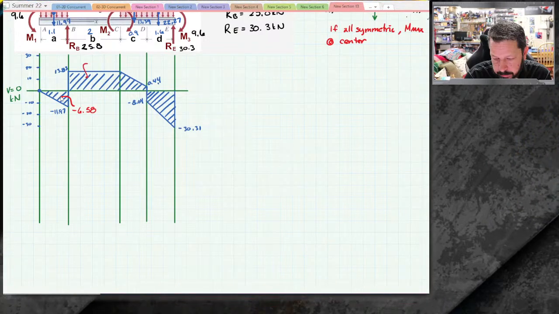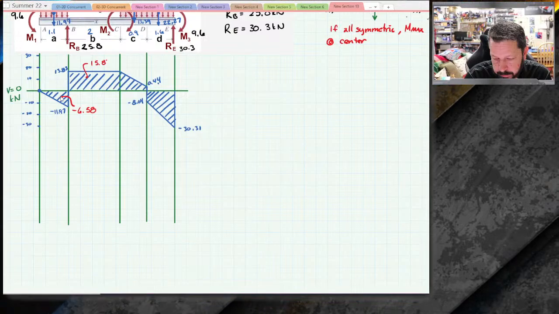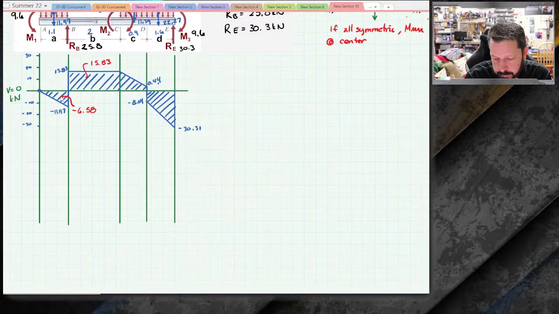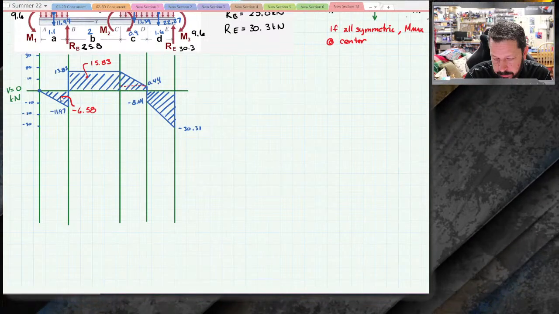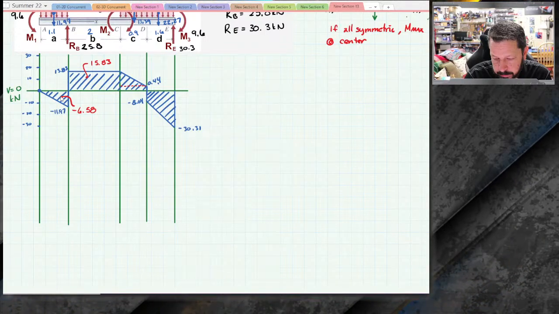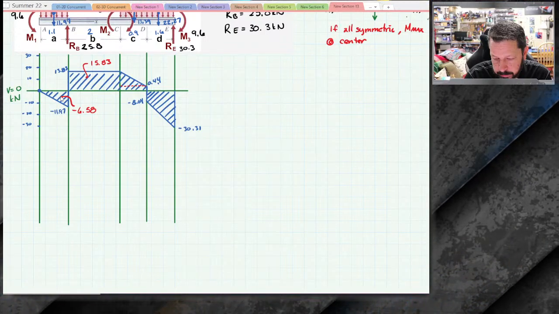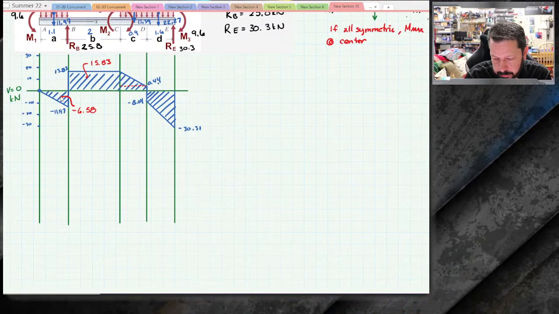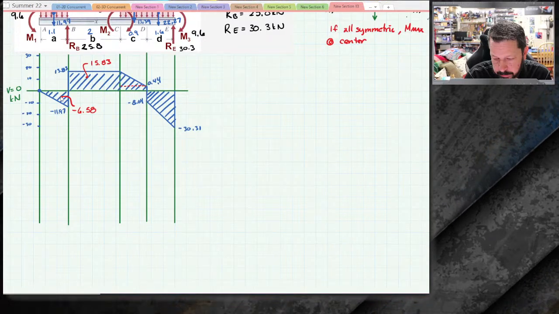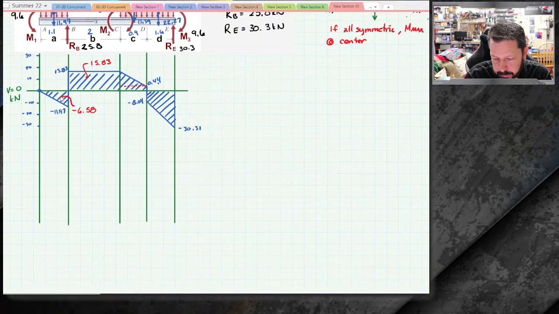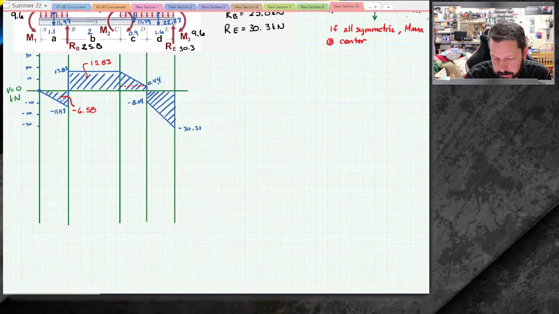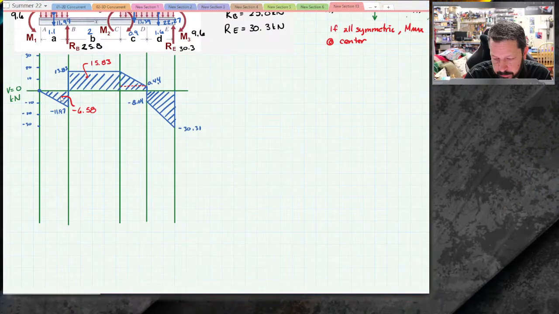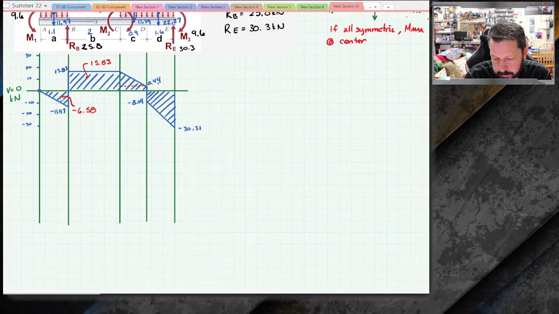This is positive 15.83. This one is actually a very thin slice of a rectangle with a triangle on top of it. So the height of this triangle is 13.83 minus 0.44. So it's 13.39 high times 0.9 wide divided by 2 for a triangle.